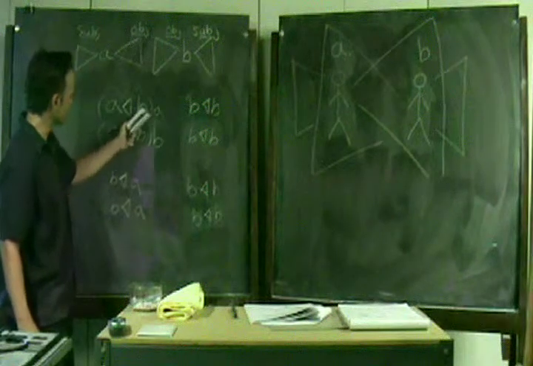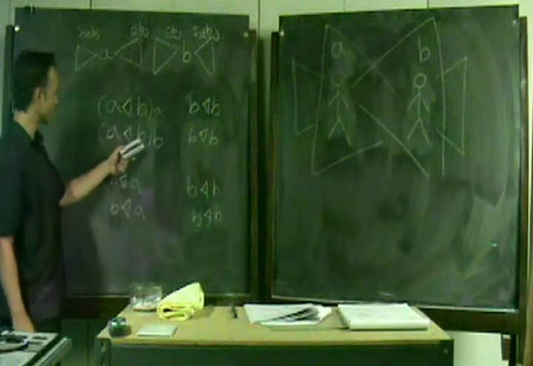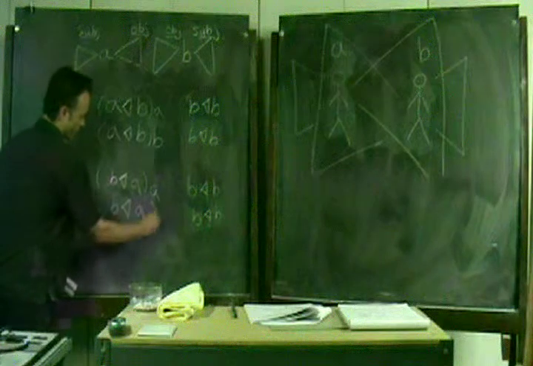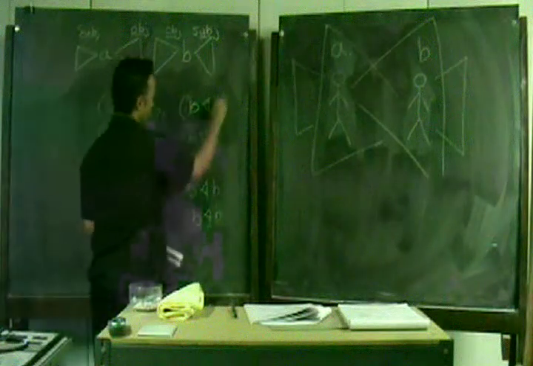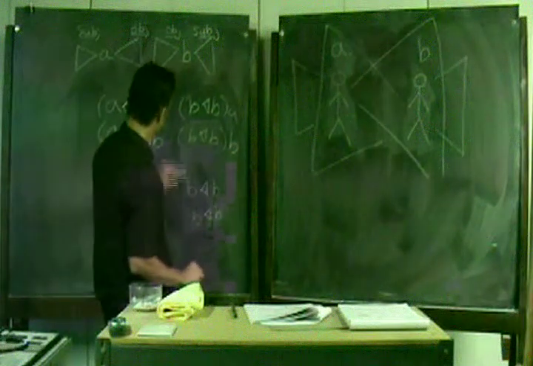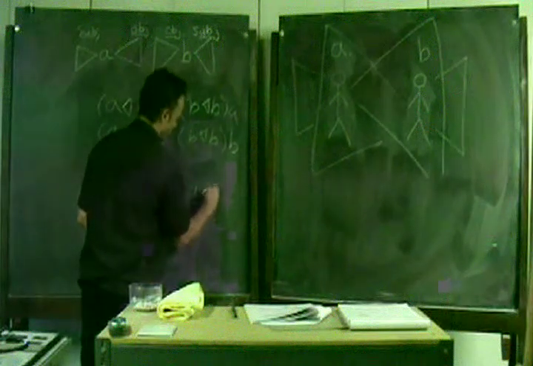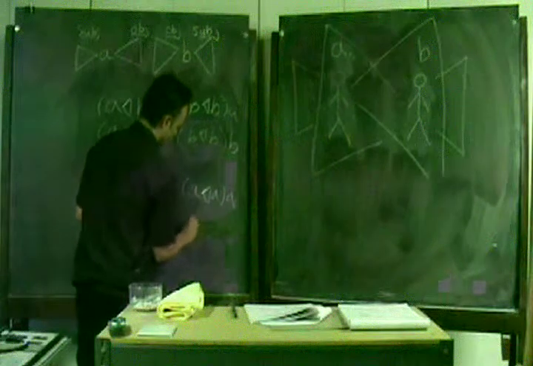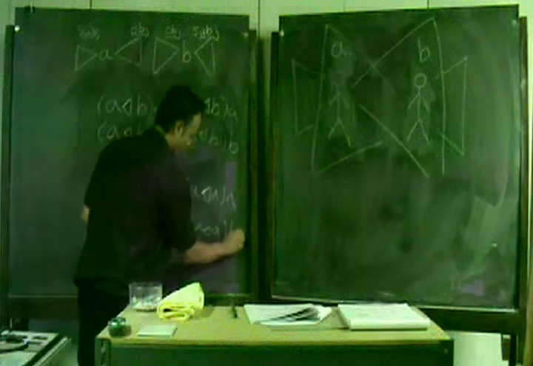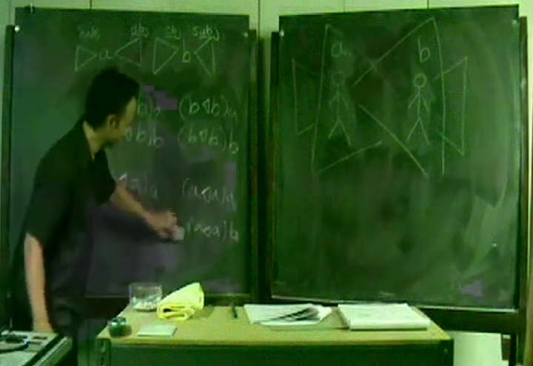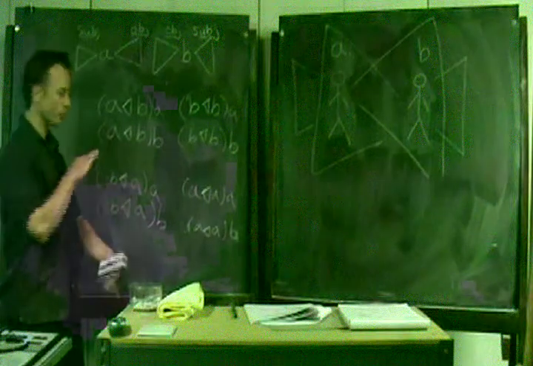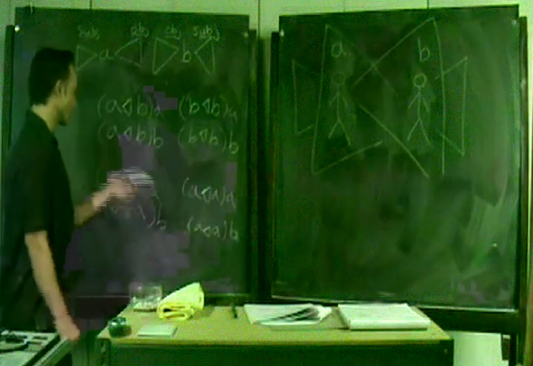So this is A's reference of B relative to A, A's reference of B relative to B, B's reference of A relative to A, B's reference of A relative to B, B's reference of B relative to A, B's reference of B relative to B, or whoops, A's reference of A relative to A, and A's reference of A relative to B. As you can see, this thing starts to become sort of a mind twist because we're flipping around, going back and forth with relative this and that to the other and so on and so forth.